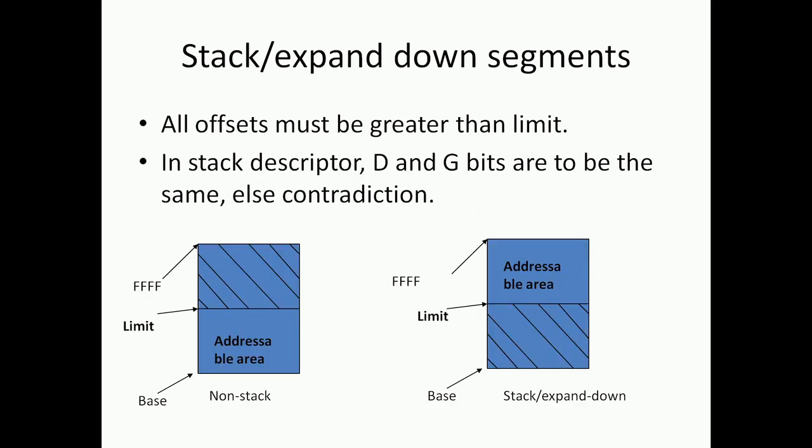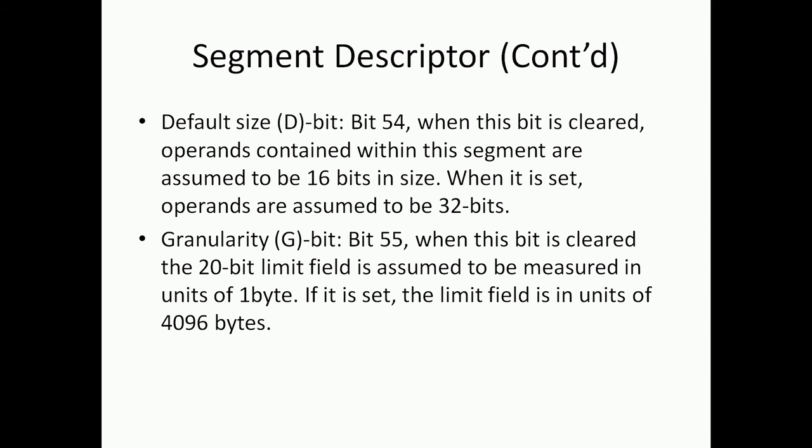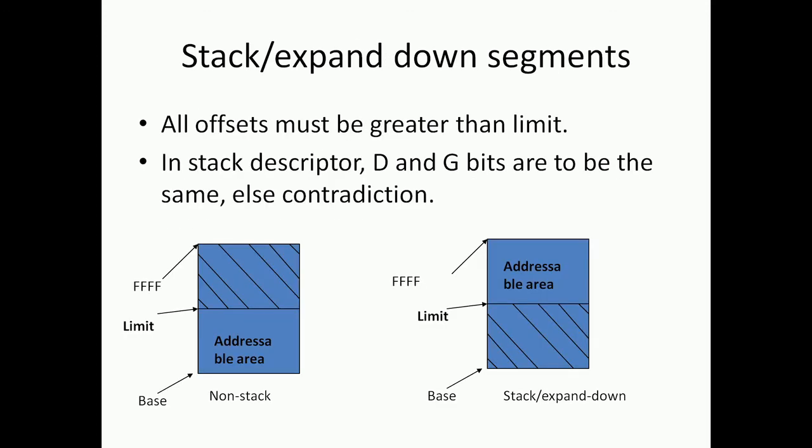Now what are expand down and expand up segments? When a stack is expand down, then all offsets must be greater than the limit. In a stack descriptor, the D and G bits are to be the same, else contradiction. So if I go and see a stack descriptor, the D and G bits have to be the same. So in an expand down stack, what happens?